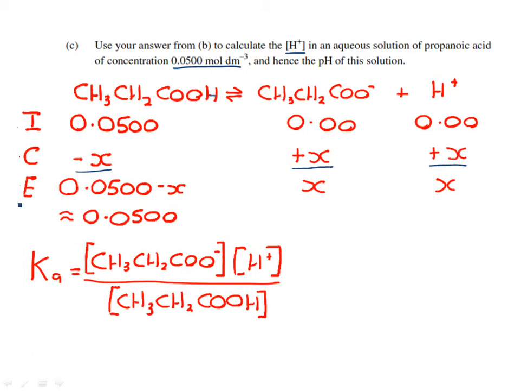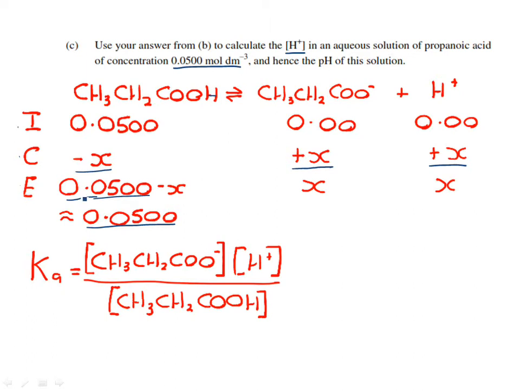Now, for equilibrium, the assumption that we make is if you subtract X from this number here, 0.0500, it will be approximately the same to this number of significant figures.